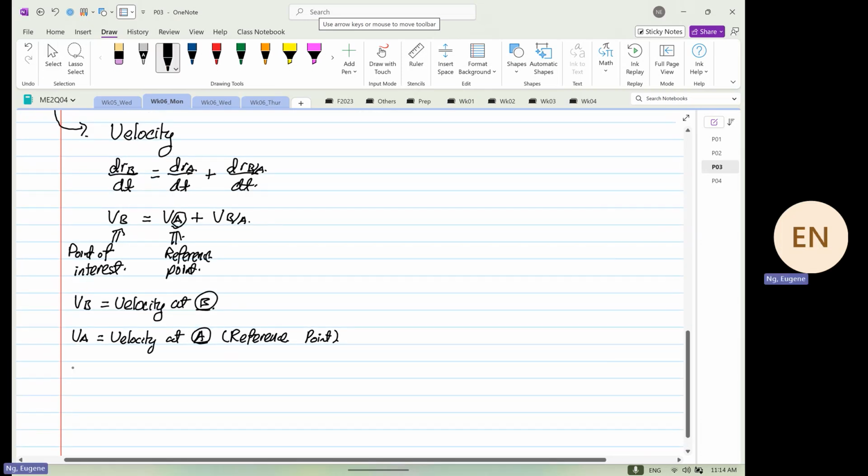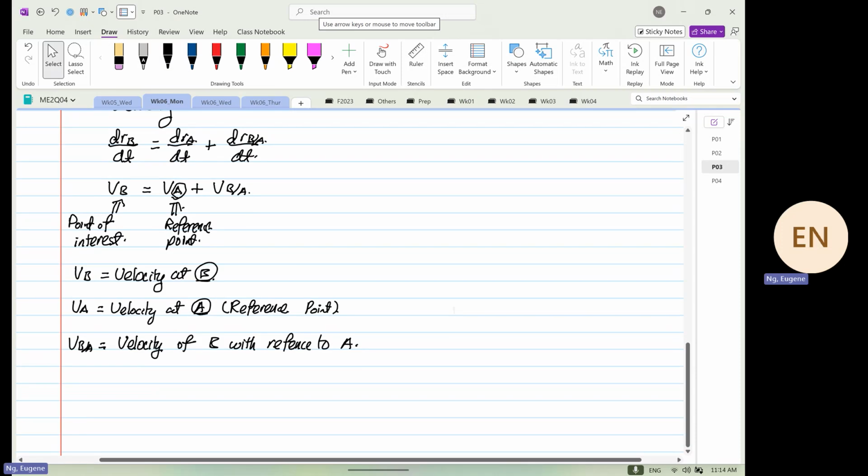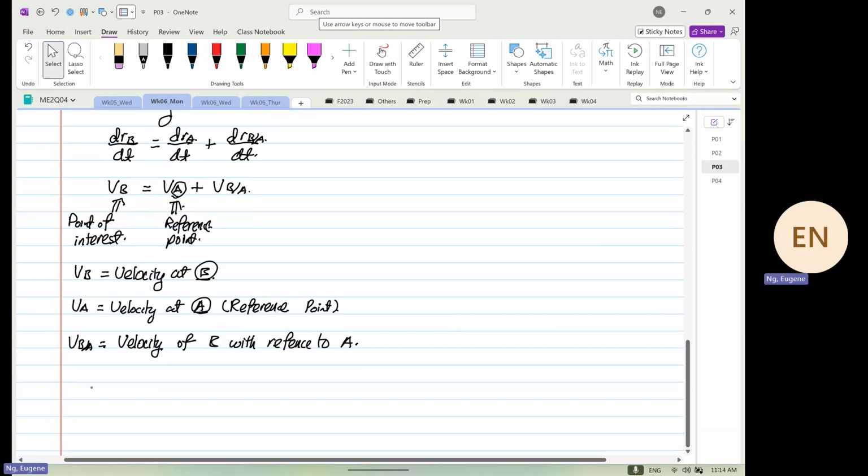Okay. And then B from A. So this is the velocity of B with reference of A.